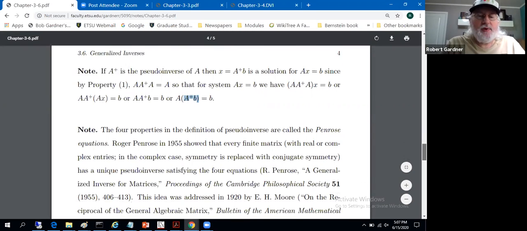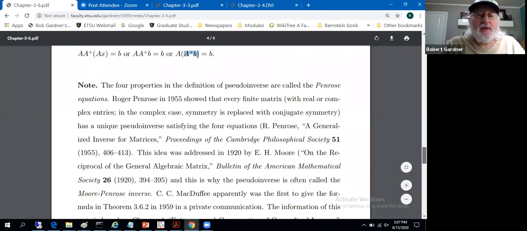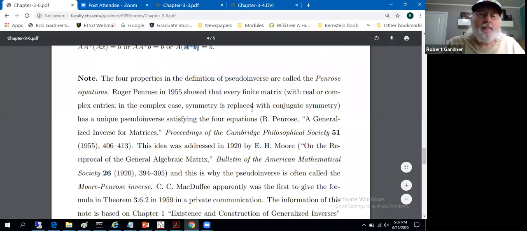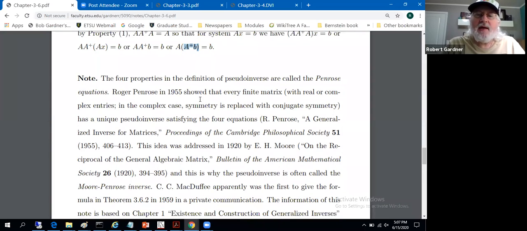A tiny bit of history on this. It's got Roger Penrose's name associated with it. The four properties in that definition of pseudo inverse are called the Penrose Equations. Roger Penrose, he's more of a physics than a math guy, but he showed that every finite matrix with real entries or complex entries, with some slight tweaking in terms of the complex entries.